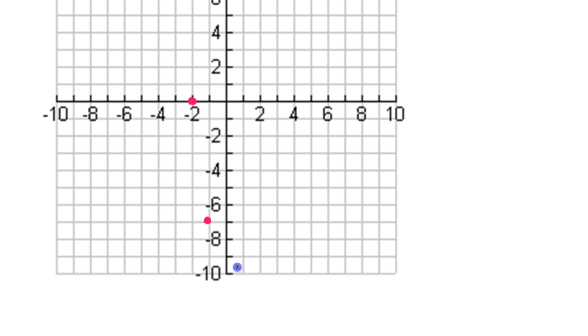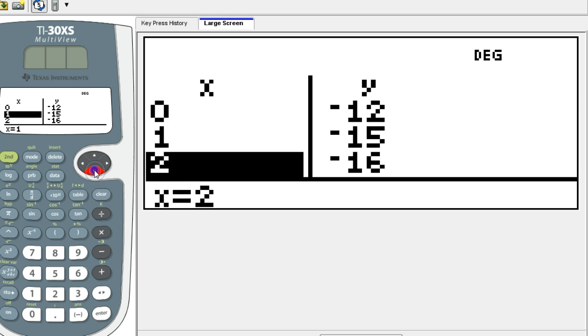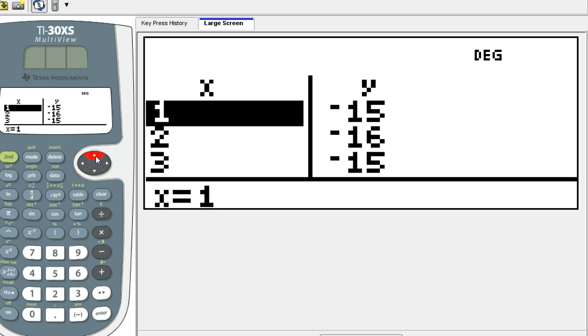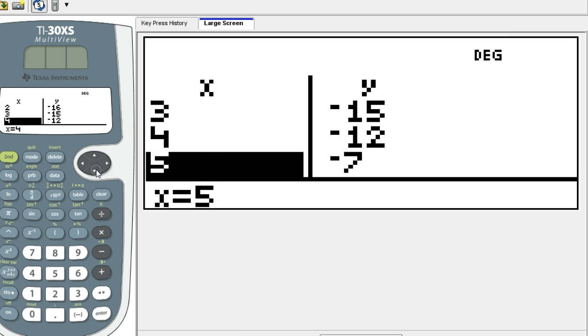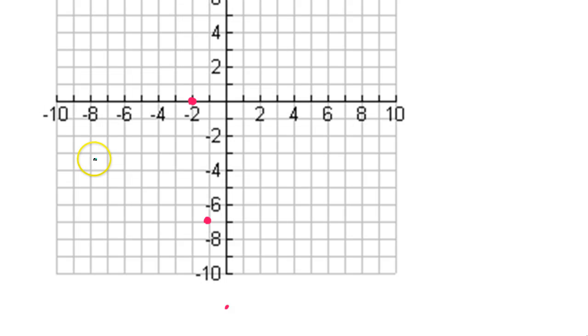This is a very large parabola. Alright, this is way off the graph. I'm just going to keep graphing.